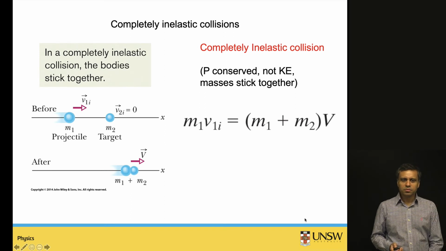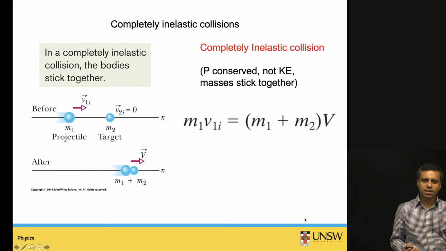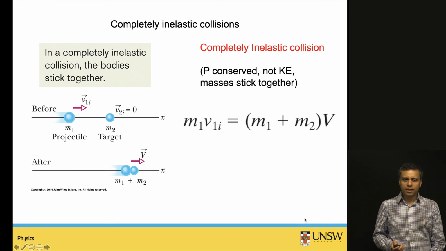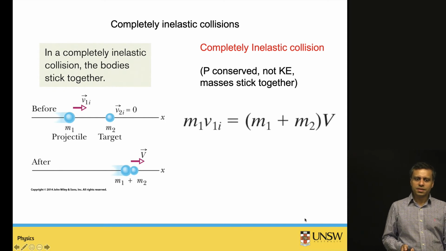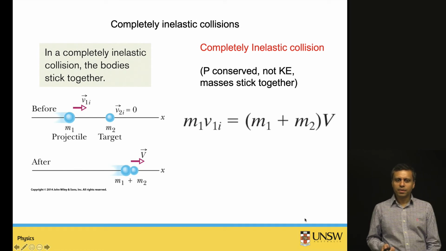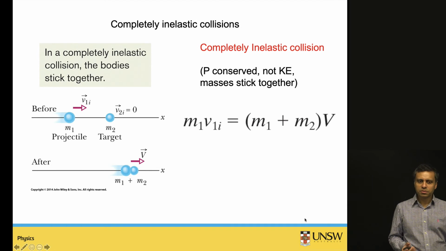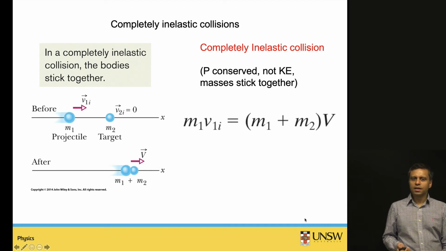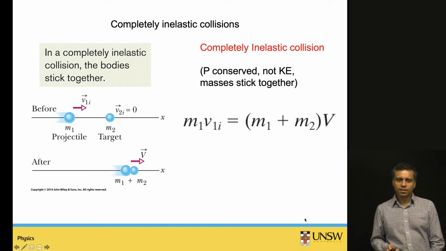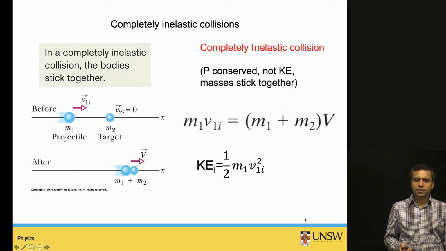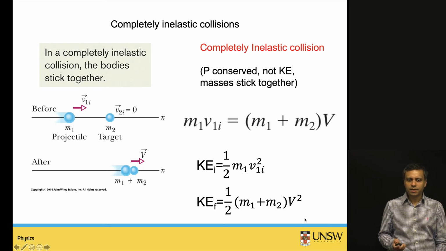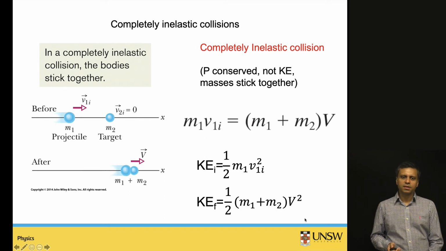Similarly, the two particles, one at rest, the other coming in and colliding with a velocity v1i, and the final velocity is denoted by this capital V. The conservation of momentum gives us this equation: m1 times v1i is equal to the final momentum, which is m1 plus m2, the two masses sticking together, times their velocity V. They just have one velocity. You can evaluate the kinetic energy of the initial system and the final system after collision, and you will see the kinetic energies are not equal in this case.